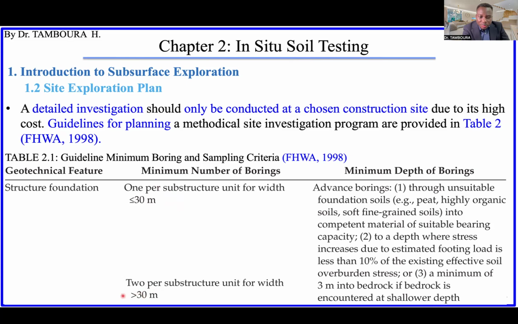But if the building is, for example, larger than 30 meters, you have to do two boreholes, two borings in that case. But the depths will be the same here. Just the number is different. Less than 30 meters and larger than 30 meters.